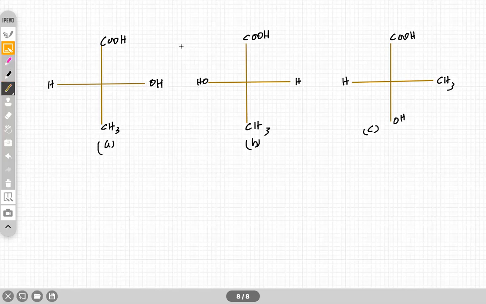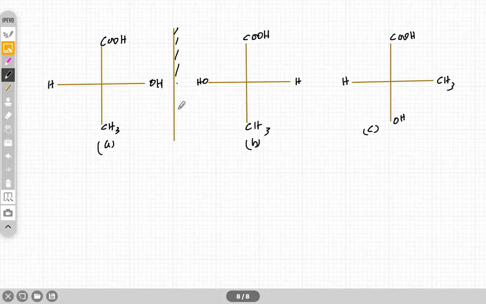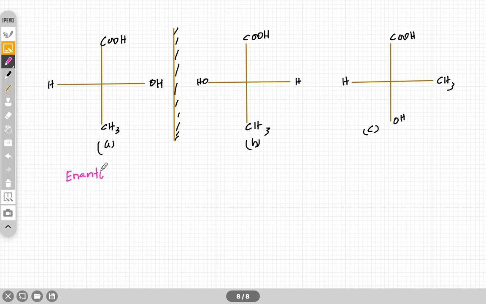If you place a mirror here, it looks like the mirror image, and they are non-superimposable because if you place this carbon over here, this OH comes over H, H comes over OH. So they are non-superimposable mirror image. The enantiomeric pair are A and B.